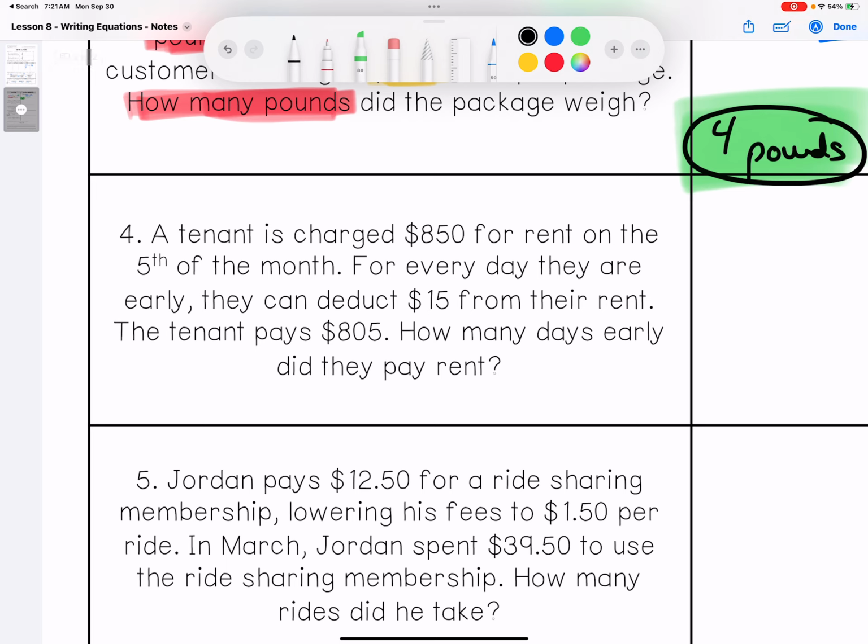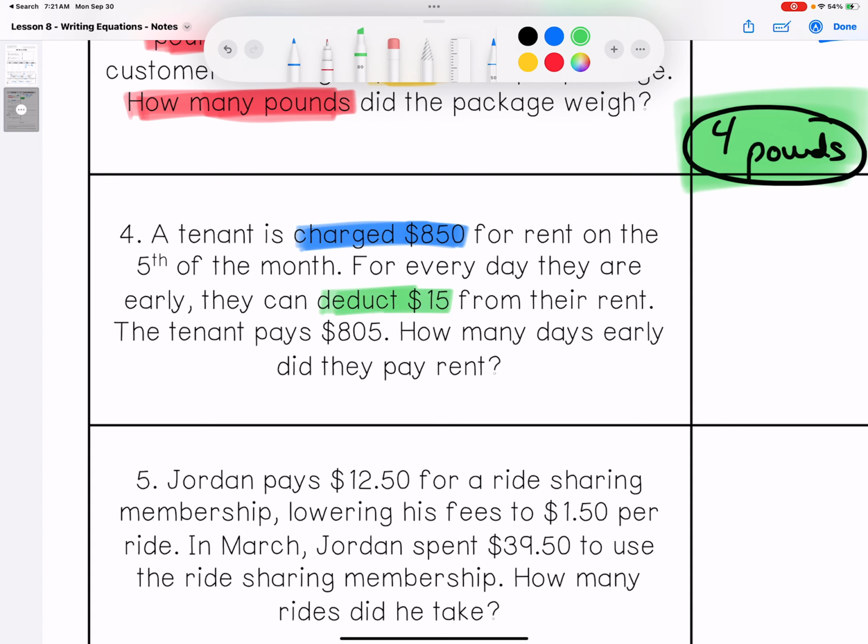Number 4. A tenant is charged $850 for rent on the 5th of the month. For every day they are early, they can deduct $15.